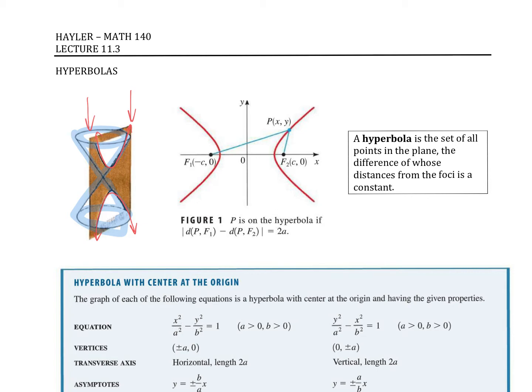So what are some of the features of the hyperbola? Well, we have foci, right here, and then we have our point P(x, y). And what do we know about this?